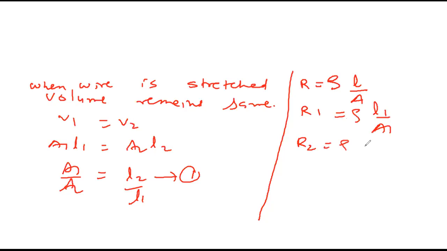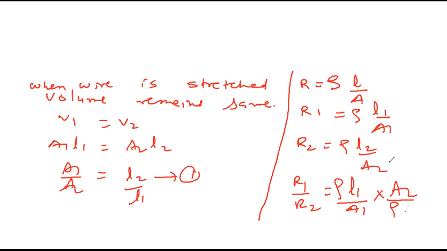R2 will be rho L2 upon A2. That means R1 upon R2 is rho L1 upon A1 divided by rho L2 upon A2. Rho cancels. So we get R1 upon R2 is L1 upon L2 into A2 upon A1. This much clear?